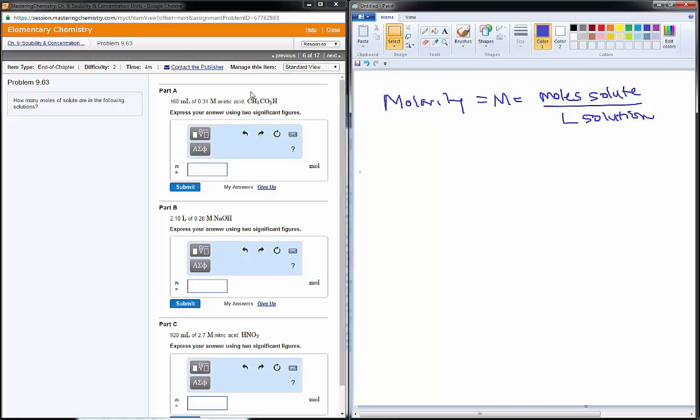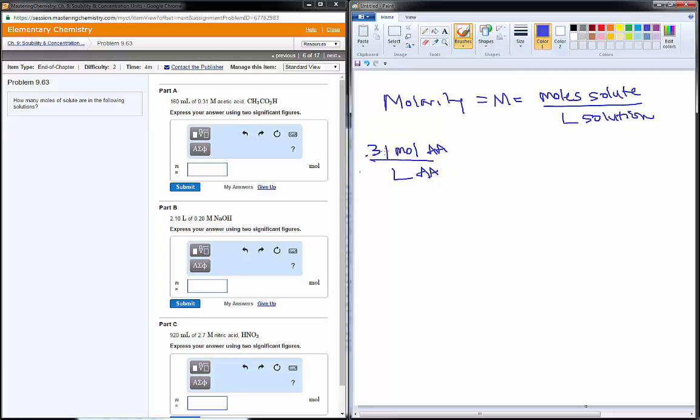What I call backwards is saying I'm going to start with the units they want and try to eliminate everything else, okay? I could do it either direction. But in this case, I'm going to start with recognizing that I have 0.31 capital M, which means moles per liter of the acetic acid solution.